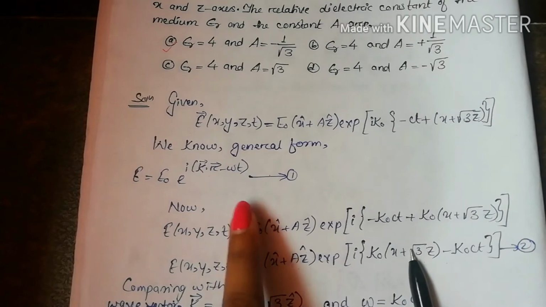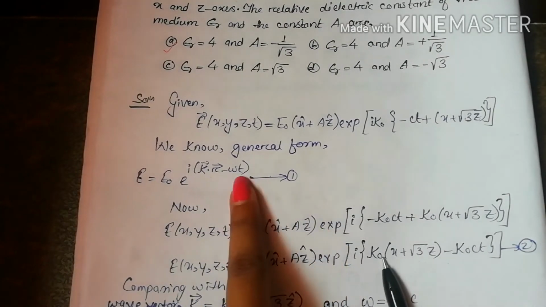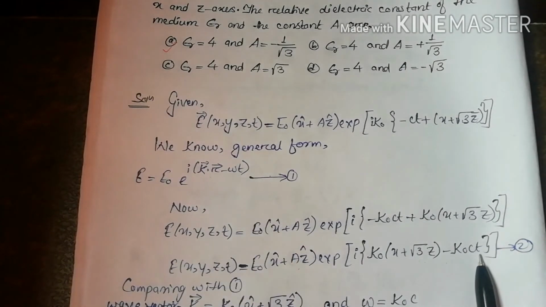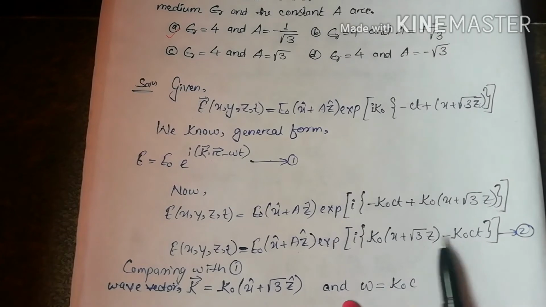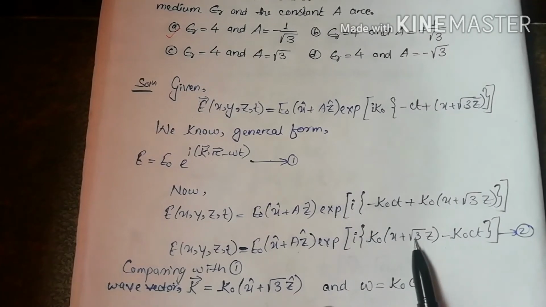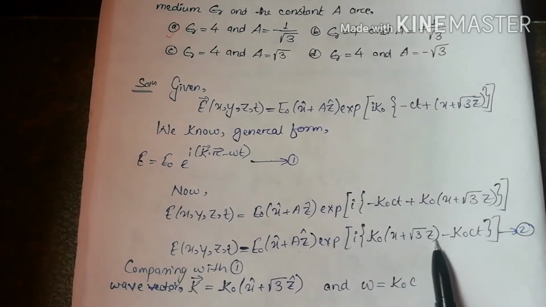If we compare equation 1 and equation 2, the term with t is omega, so omega is equal to K naught C. And this term, K naught times (X cap plus root 3 Z cap), is K.